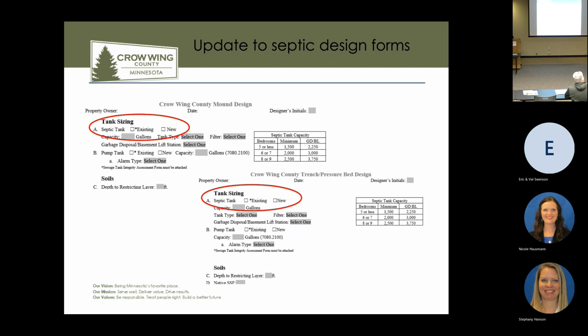We've just been seeing designs come in using existing components, for example a tank. It's almost always a tank. People want to reuse tanks, but they're not sending us a compliance inspection, because everything else has failed, and they're not sending in that associated integrity form. Or a compliance inspection. Yeah.